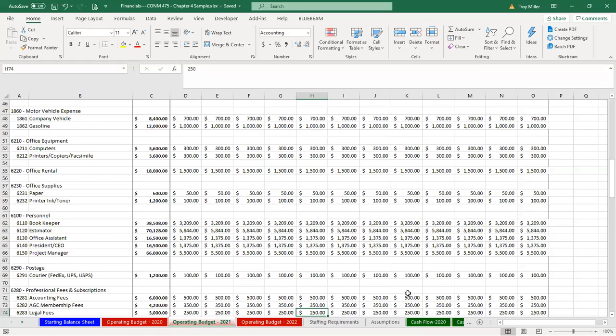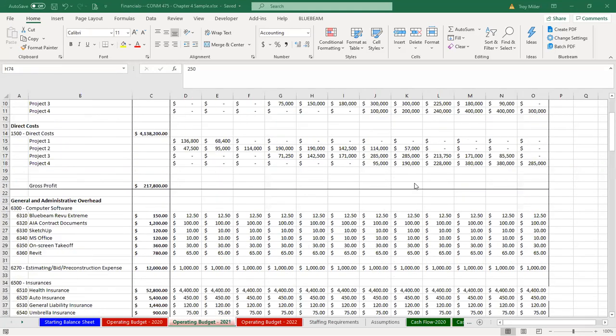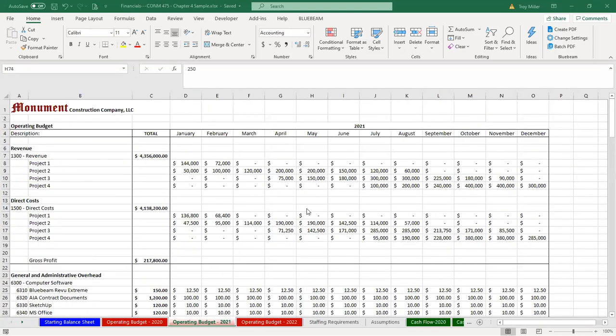So when we start moving into cash flow, it's a little bit different in the sense that we can't just take our projected revenues as we showed up here and our direct costs. At least in my case, I could not bring those straight across and use those, and I'm going to explain why.